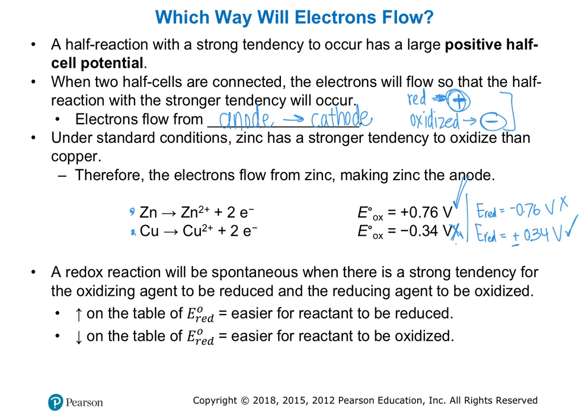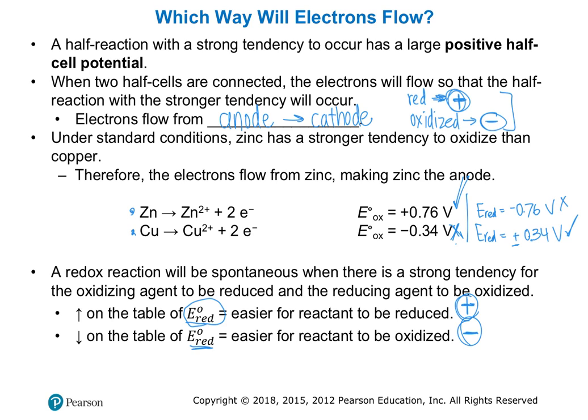So when we look at the table, the elements on the top of the reduction potential table have a really positive number. They like to be reduced. At the bottom of the reduction table are elements or reactions that have negative reduction potentials, which means that they do not want to be reduced, they want to be oxidized.